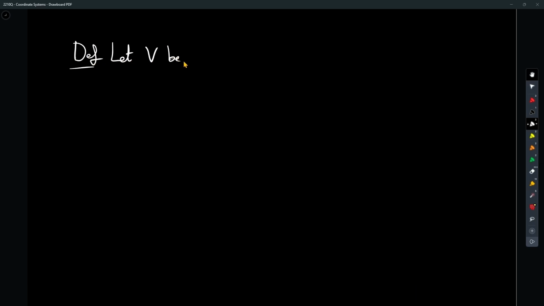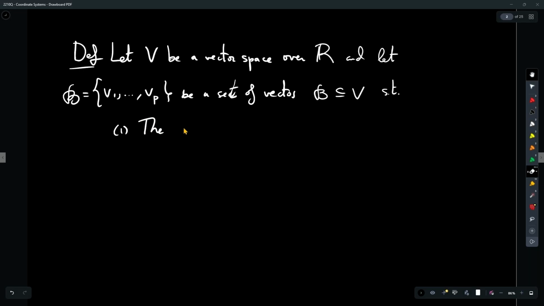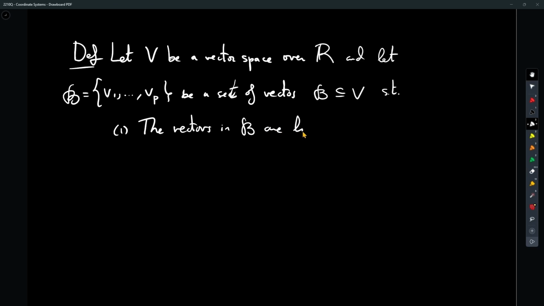So let V be a vector space over the real numbers, and let V1 through Vp be a set of vectors of V such that one, we say that the vectors in B are what we call linearly independent.